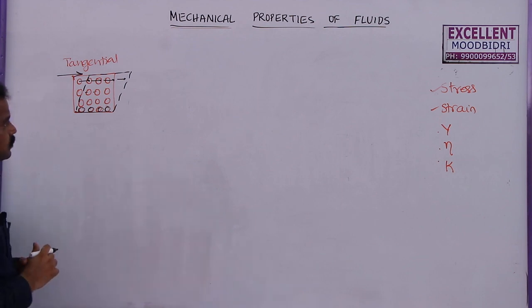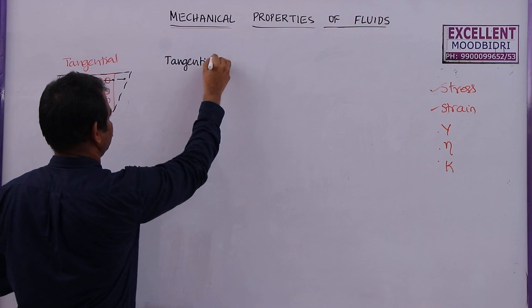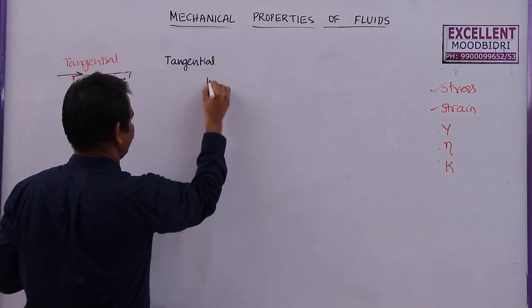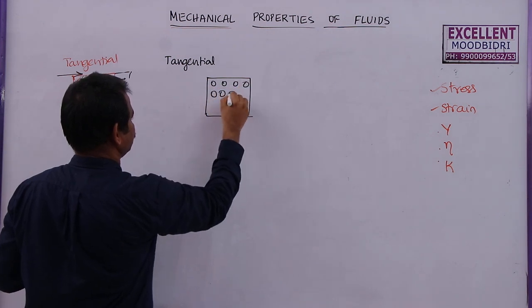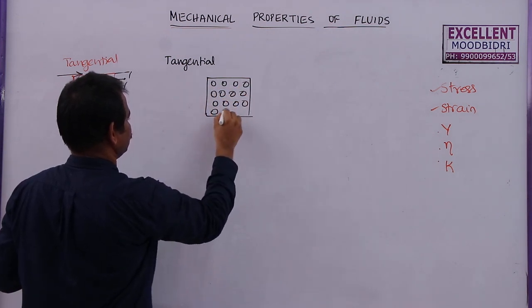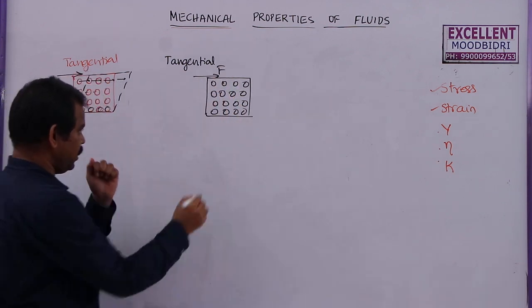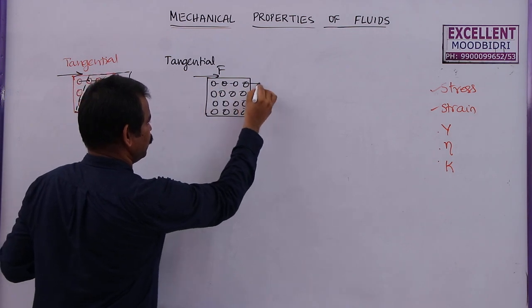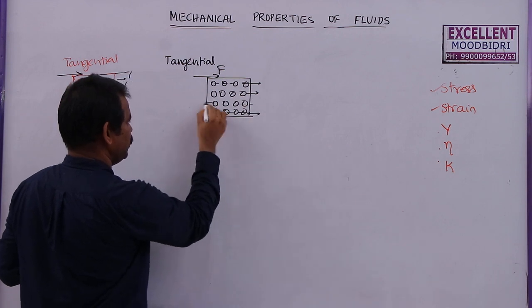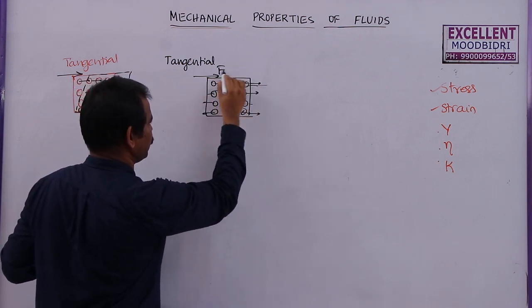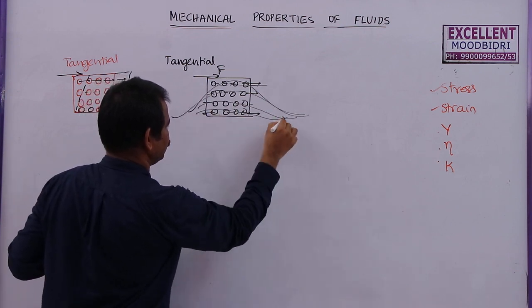But if you apply that same tangential force on a liquid, when a force is applied here, these molecules will move here, these molecules will move, and almost these molecules also will move in different directions. They may move generally in the direction of the applied force, but all the layers will flow here.